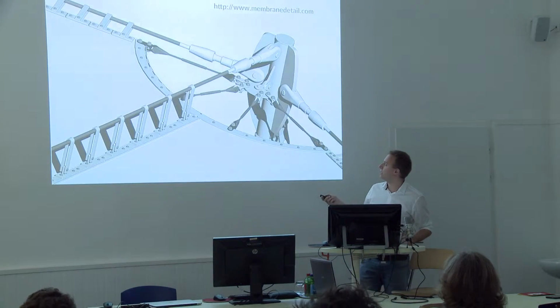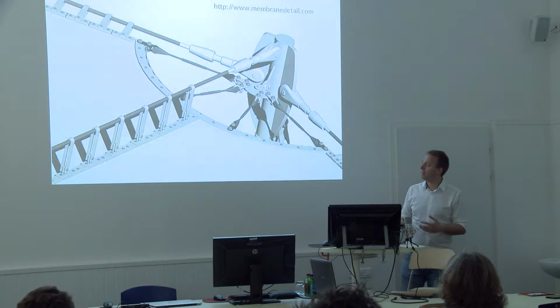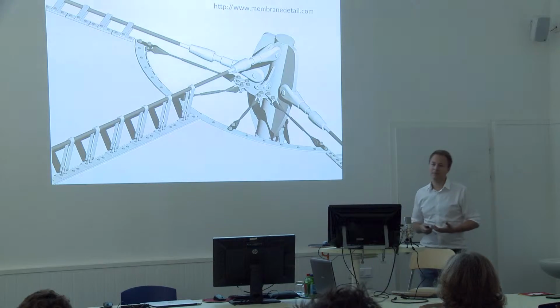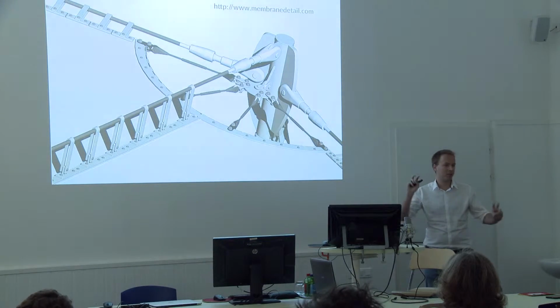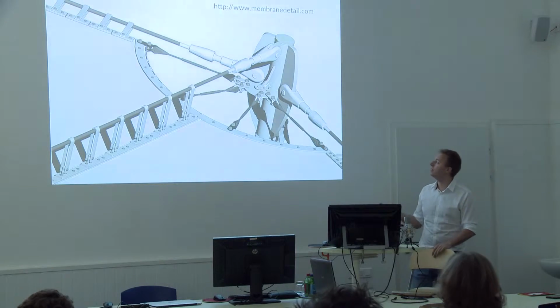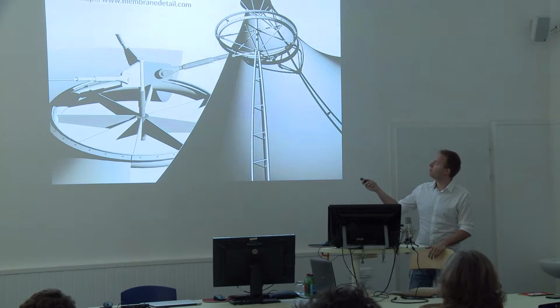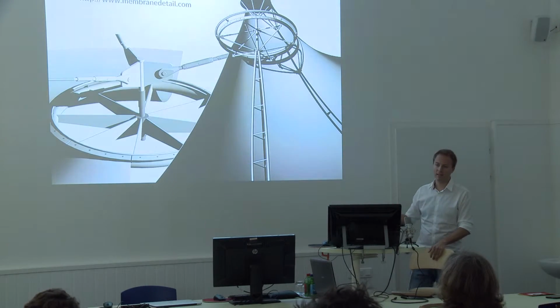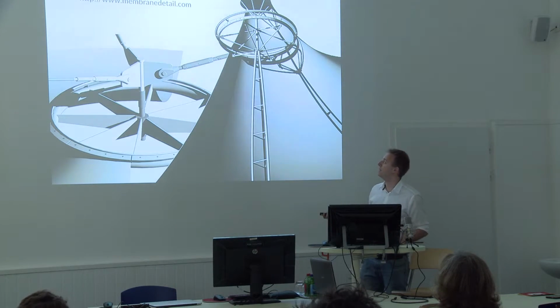Of course, at the next stage we went 3D, and again, if you go to the website, you will find examples for technically any kind of building construction or situation for membranes. This is a corner here with a surface connection in the midst, and you will find anchorages, masts, corners, surface connections of all kinds on the website.